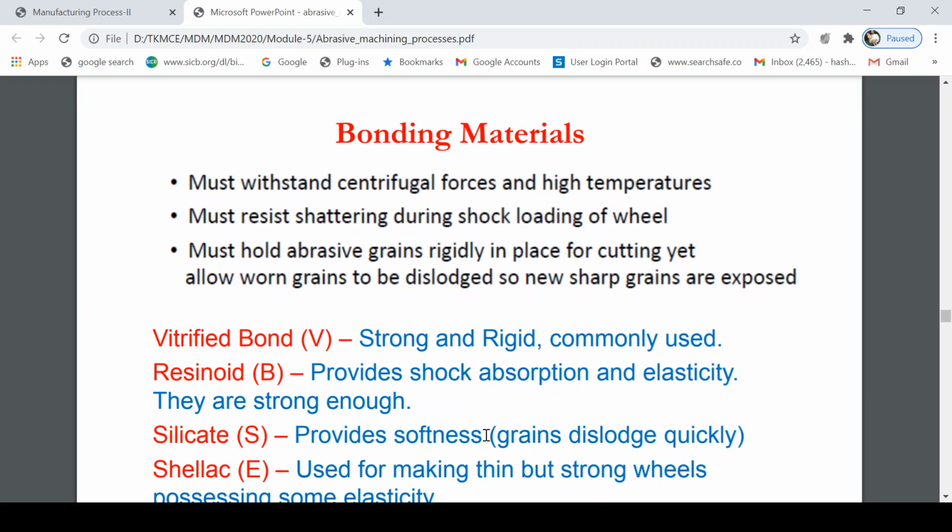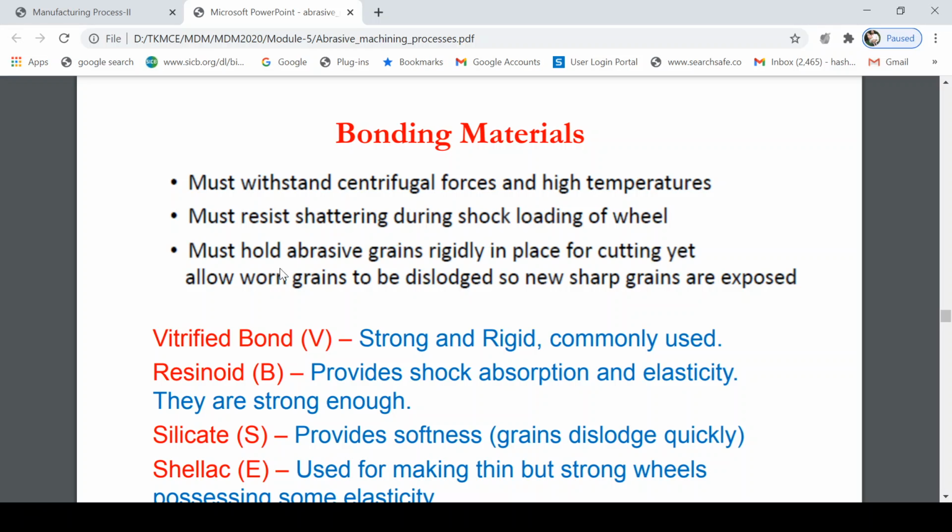Then another parameter of the grinding wheel is the type of bonding material. Different types of bonding materials are used for different grinding wheels. These are the characteristics. It must withstand the centrifugal forces and high temperature. Also, it must resist shattering during shock loading of the wheel.